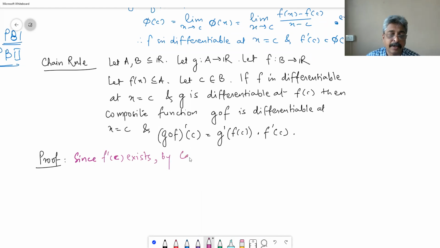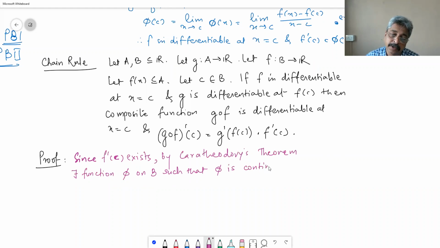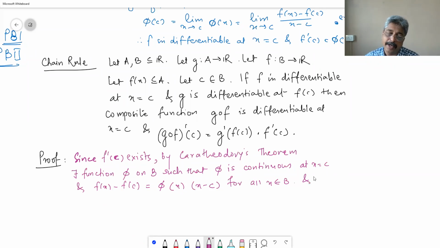By Carathéodory's lemma, there exists a function phi on B such that phi is continuous at x is equal to c, and f of x minus f of c is equal to phi of x into x minus c for all x belonging to B, and phi of c is equal to f dash of c.